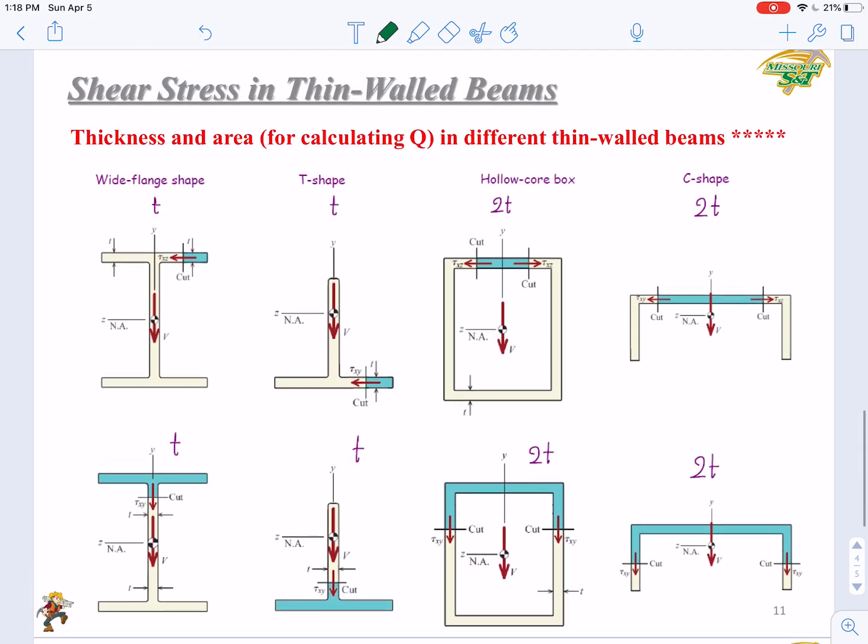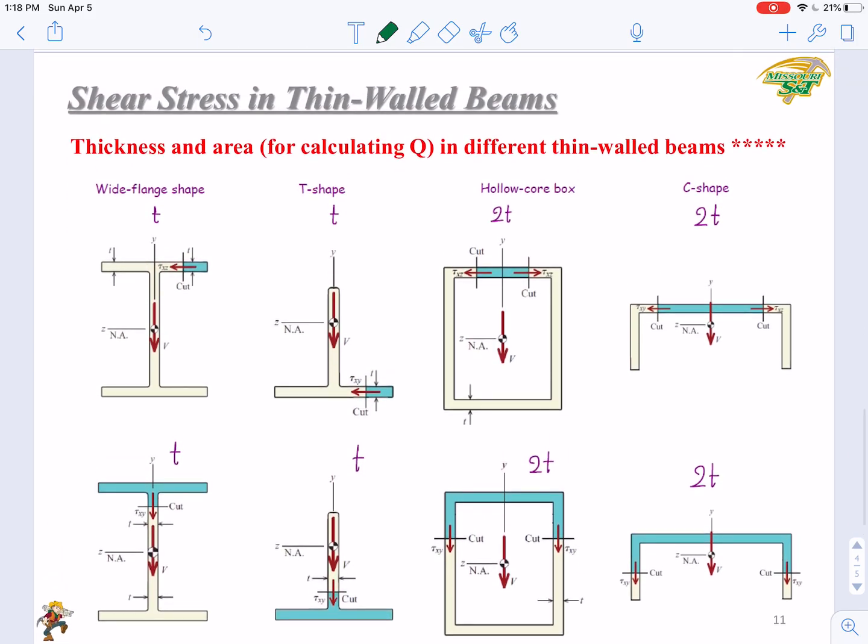And this slide is very important, as I added the star sign here. The star sign means that it's very important. You can see we have analyzed the T-shaped and I-shaped cross sections, so you know how to calculate the shear stress or shear flow at these points.